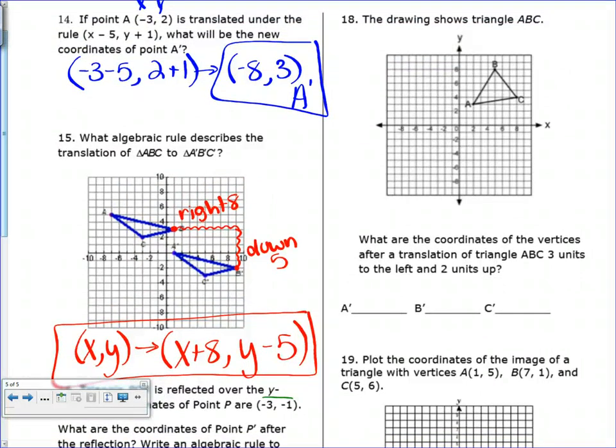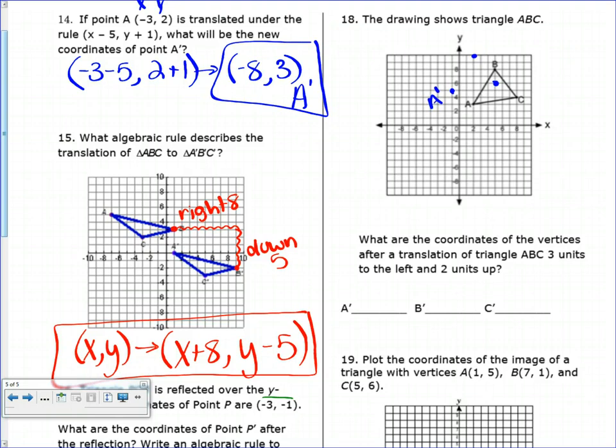18. The drawing shows triangle ABC. What are the coordinates of the vertices after translation of the triangle ABC 3 units to the left and 2 units up? So you're going to start at each point, count 3 left, 1, 2, 3, and up 2. 1, 2, 3, up 2. 1, 2, 3, up 2.